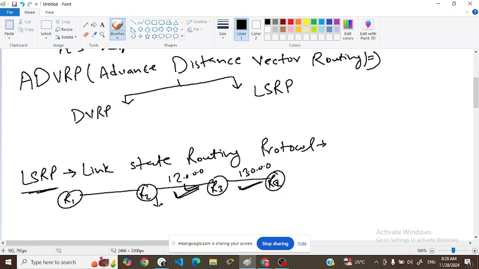But if Abdul is showing that gift to Subhajit and telling Abhijit, I got this gift from Lakshman, so if he is saying I got this gift from Lakshman, this is link state routing protocol.